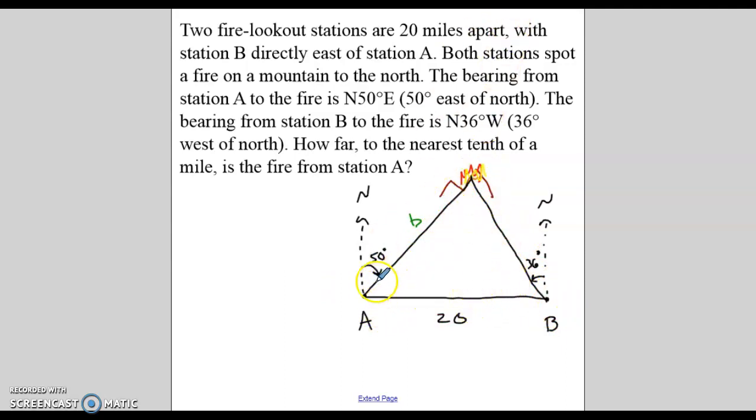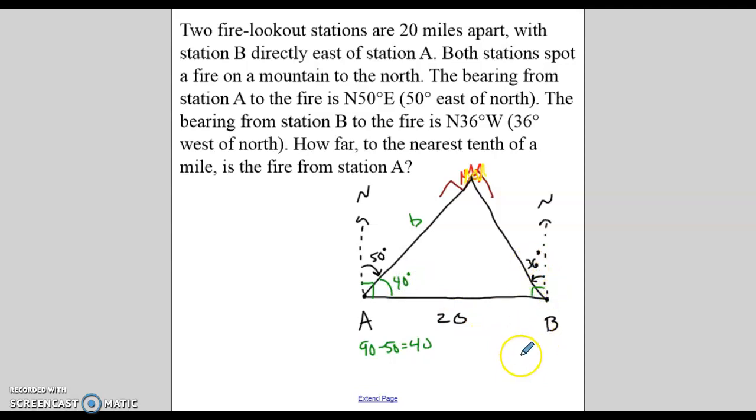But I can easily find these two angles, because you'll notice since A and B are directly east of each other, this right here is a 90-degree angle. Since that's 50 degrees, 90 minus 50 is 40, so I know that this angle right here is 40 degrees. And then same thing here.